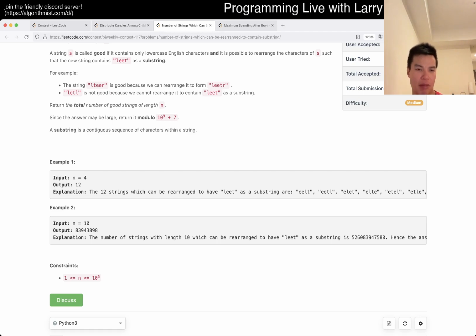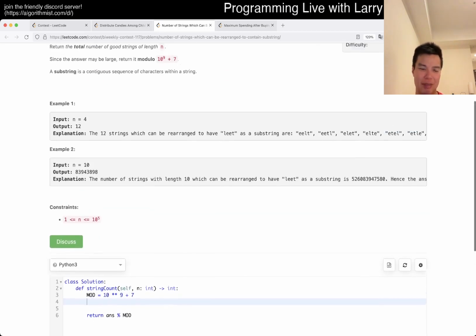So less than 4, obviously no good. We can also do, what is it, times it by 4 factorial over 2 factorial. What is that? 12. I guess that's it. So times it by 12, maybe.